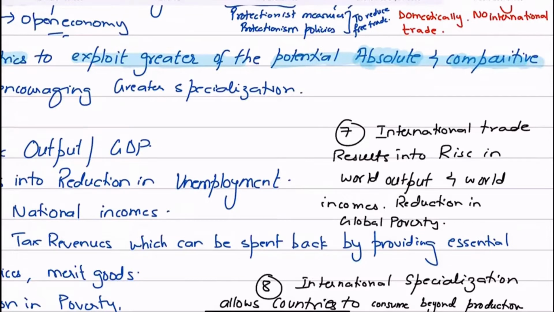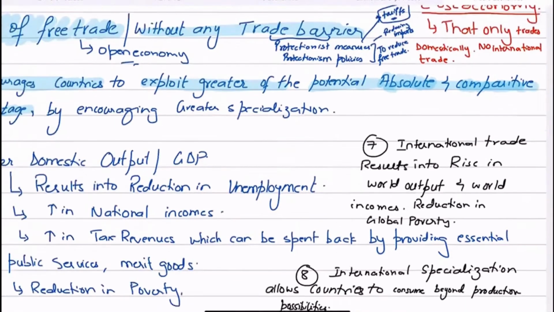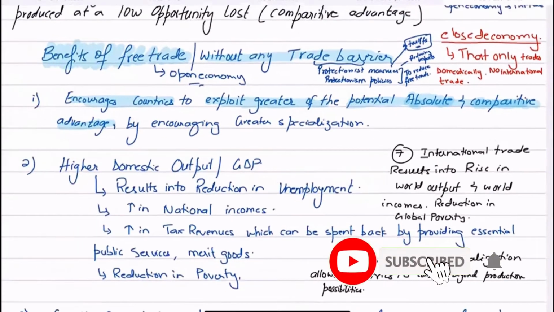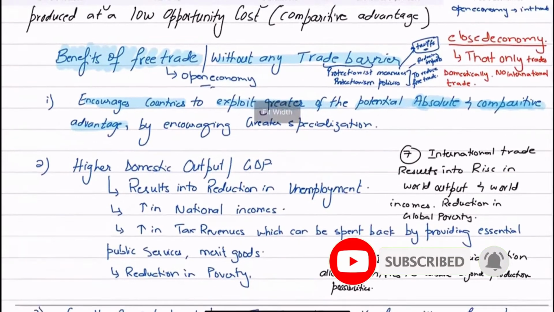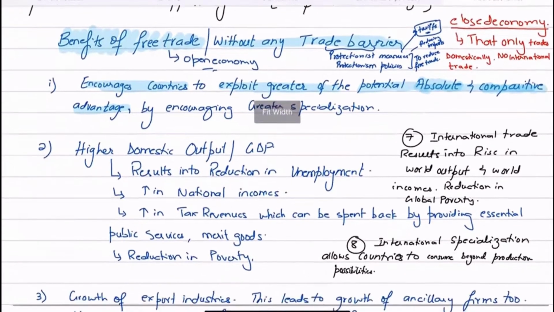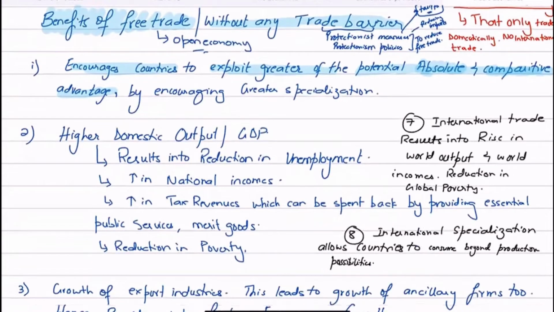Even if you write this line without knowing what absolute and comparative advantage is, it won't really matter, because it is part of the AS syllabus. It's not necessary for you to write that. So, what are the benefits of free trade?